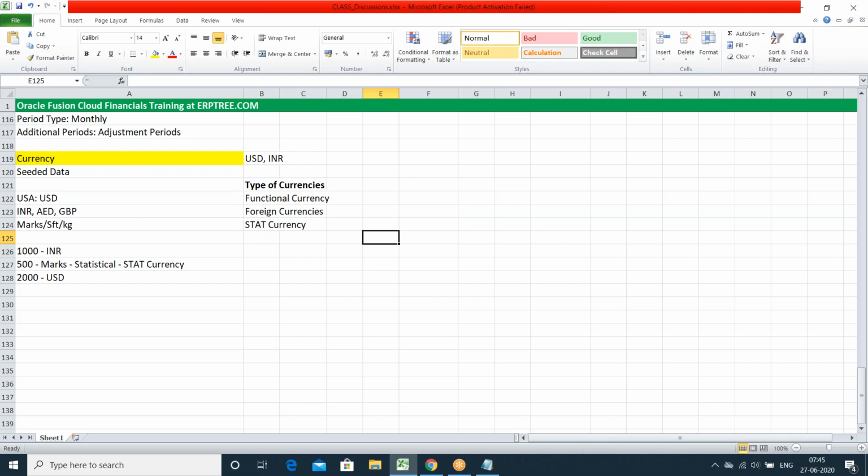Then you can process it. Whatever you are referring to in PeopleSoft, it's all about performing the revaluation, performing the translation if required, and finally consolidating the data in the global ledger. The same activities we do in Fusion also. We'll see all those concepts. Since you are referring to that, that is the point we have to take.